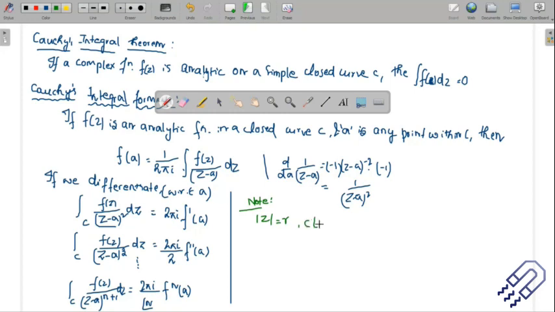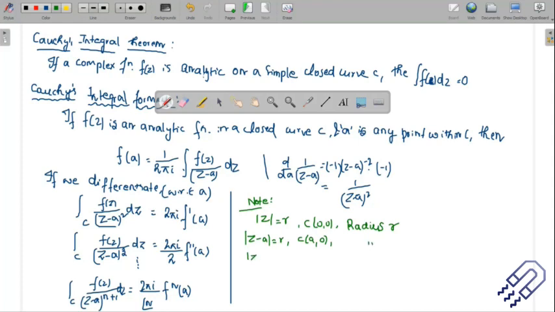This is 0, 0, and the radius is r. You know the center, you know the radius, or the distance from the center. And then if I write down modulus of z minus a is equal to r, we know the center is a, 0. All these results we are going to use. Radius is r, of course.